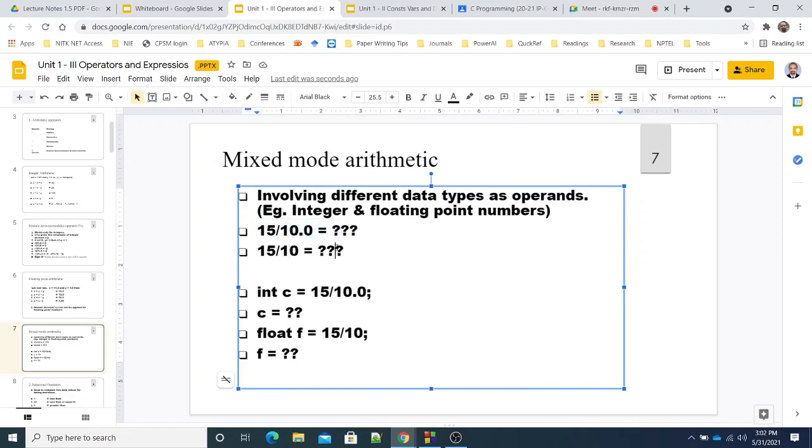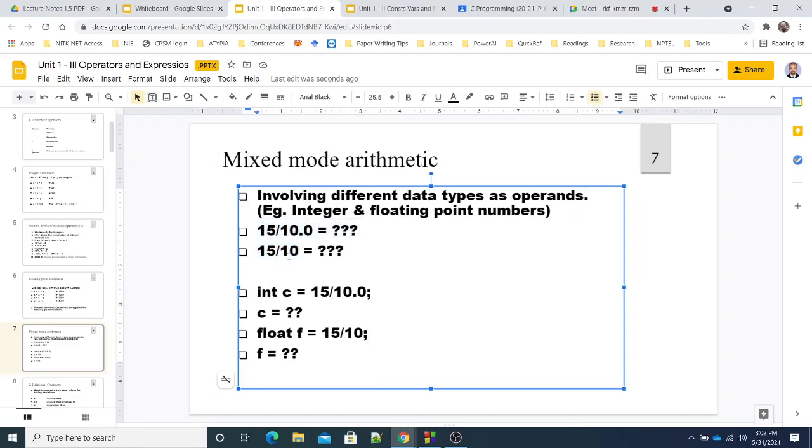Here the result will be different. Normally in mathematics we expect the same result, 1.5. When I am dividing 15 by 10.0, I will expect 1.5. Here also we would expect 1.5 in mathematics.